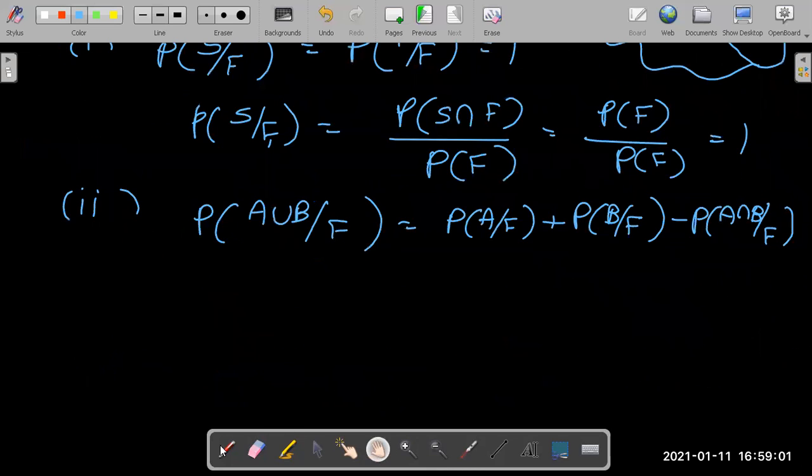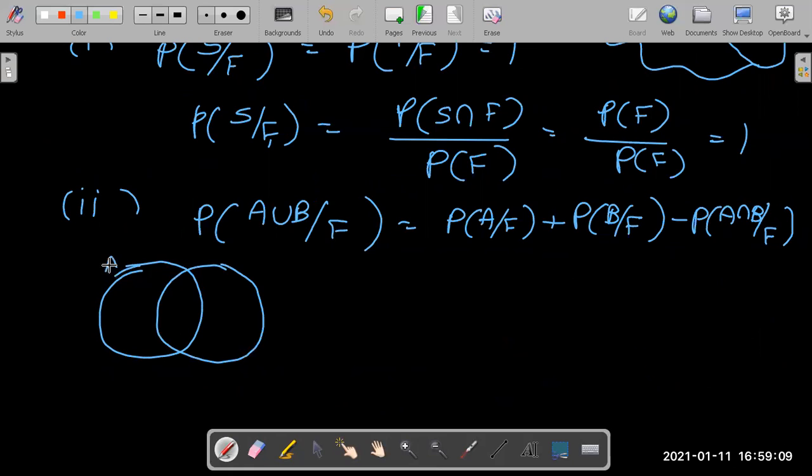So how do we prove that? What he is trying to say here is, let's suppose you have an event A and an event B. This is A intersection B. What is A union B? This, this, and this.